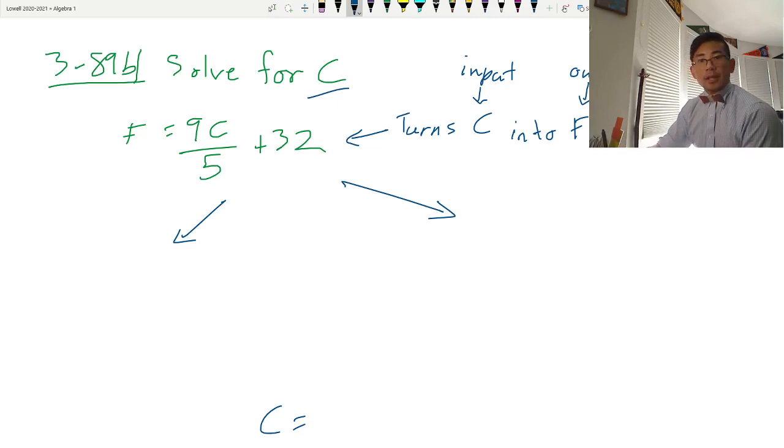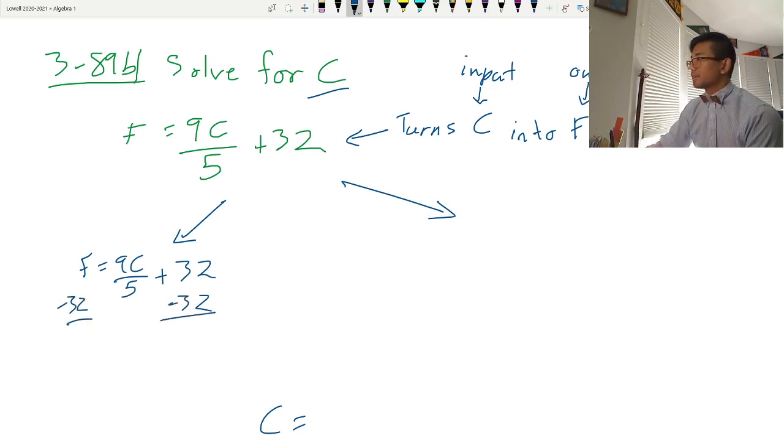I'm going to copy the equation to start so you can see all my steps. This is also a nice little refresher on just how to solve equations. I will subtract 32 on both sides. The nice thing is that you can treat everything except the thing you're solving for, C for us, as a number.